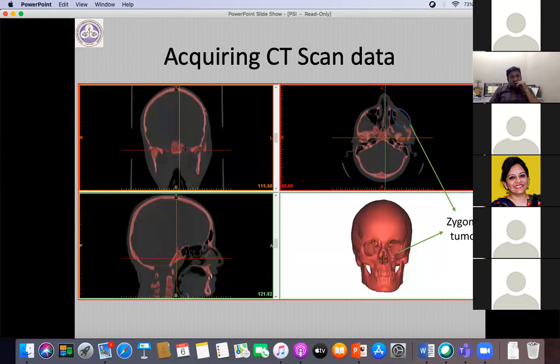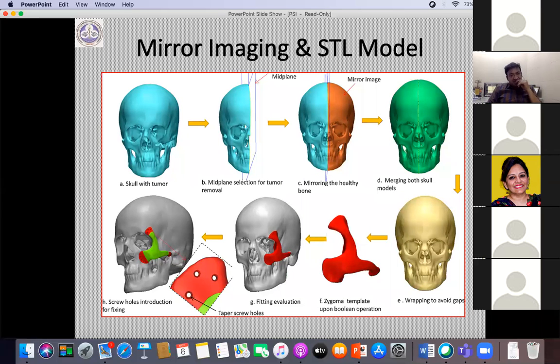So how do we start with it? For example, this is a patient with a zygoma tumor of the left side, right? Now we acquire a CT scan or a CBCT and send the DICOM files in a pen drive or a CD to the manufacturer or the computer engineer, the engineer who is trying to build this up. What does he do?